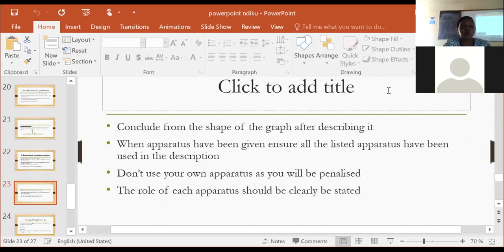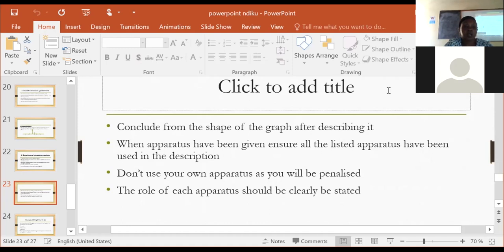If you have plotted the graph, then you need to comment on the shape of the graph. Like if it is Ohm's law, we will verify Ohm's law. Then we conclude by saying, the graph being a straight line through the origin, we can deduce that the current is directly proportional to the voltage.